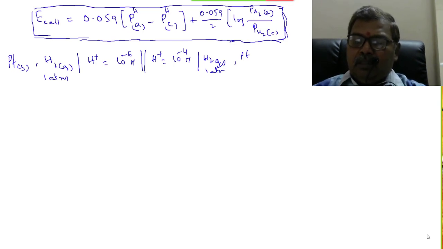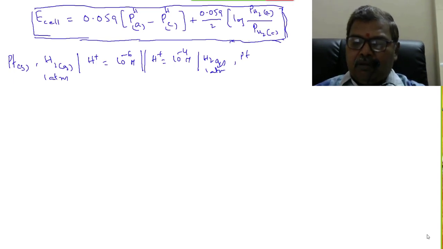Now, instead of writing the reaction at anode, reaction at cathode, and net cell equation, to avoid all those steps, I gave this equation. E cell equals 0.059 into pH of solution in the anode half cell minus pH of solution in the cathode half cell, plus 0.059 by 2 log of pressure exerted by hydrogen gas in the anode half cell by pressure exerted by hydrogen gas in the cathode half cell.